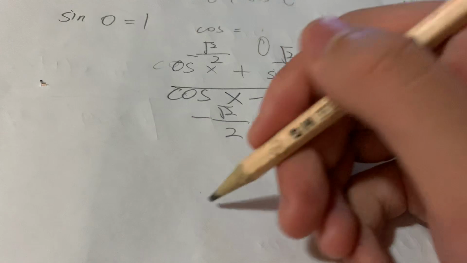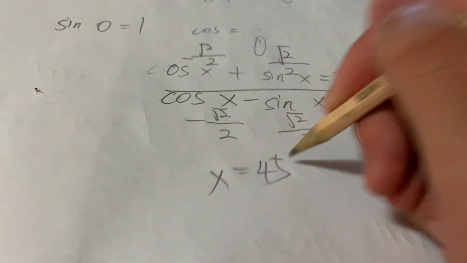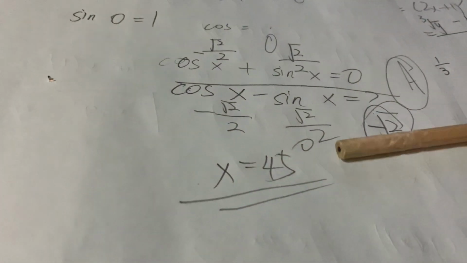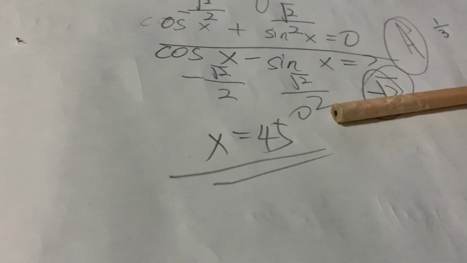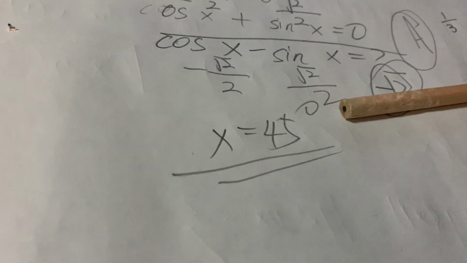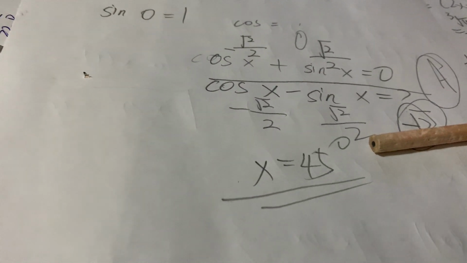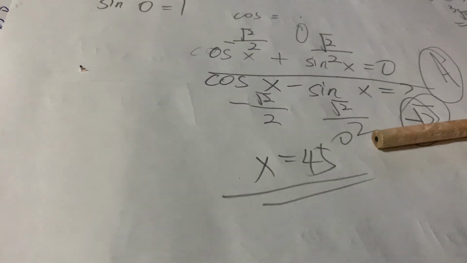So in this case, x is going to be 45 degrees, so it will be equal to A, which is the result of problem 28.